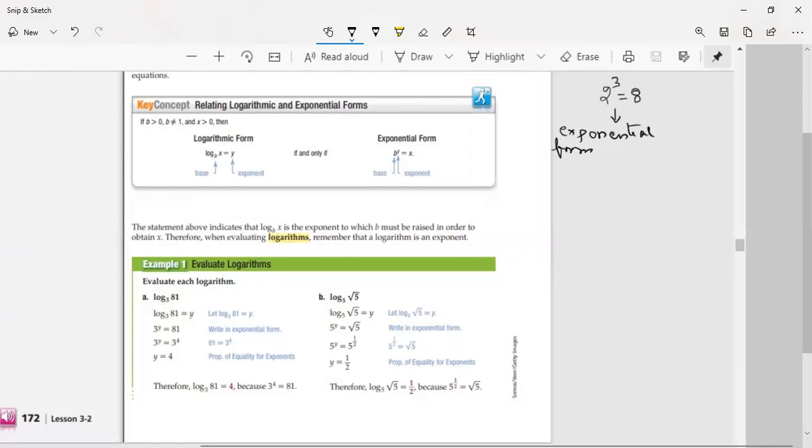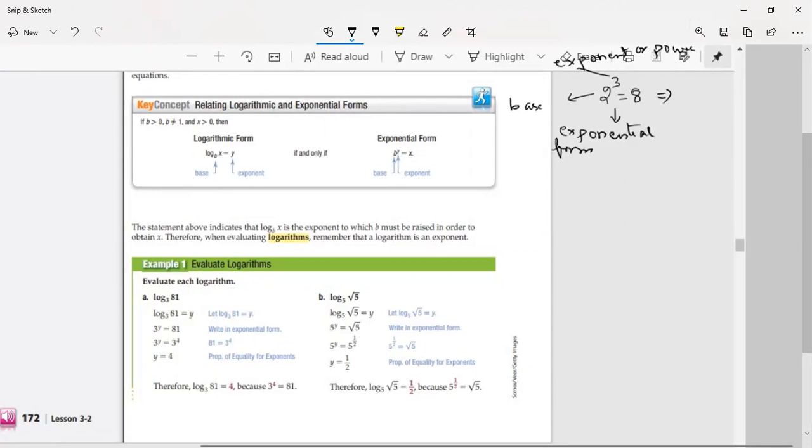When you convert it into logarithmic form, in the exponential form this is the base and this is the exponent, or you can say power.